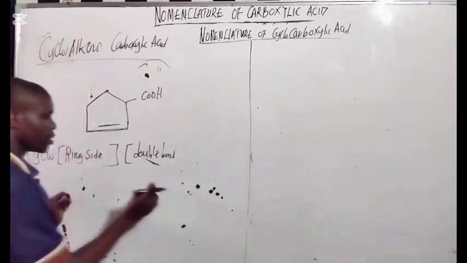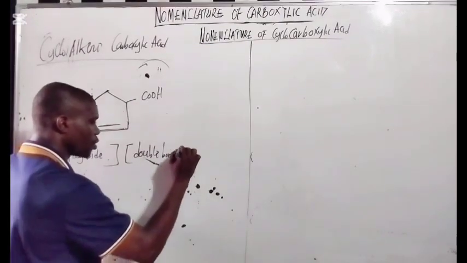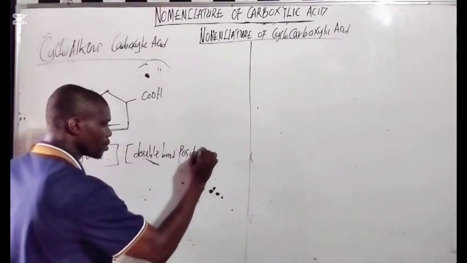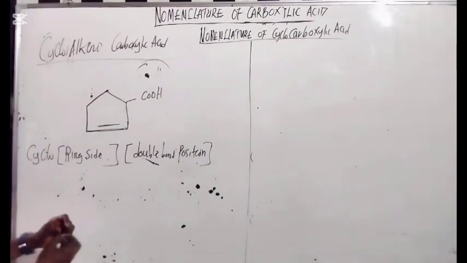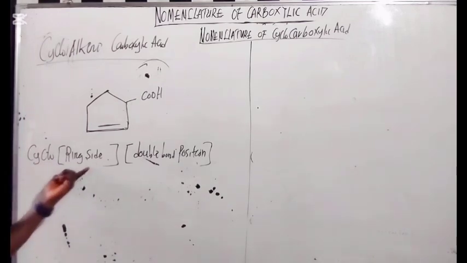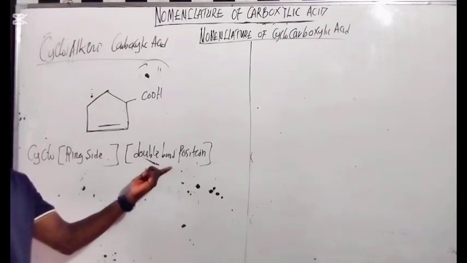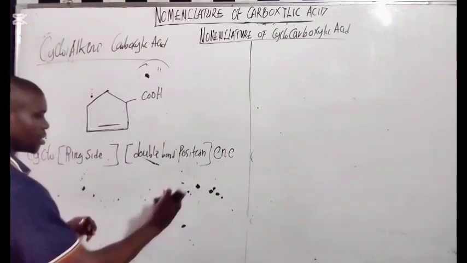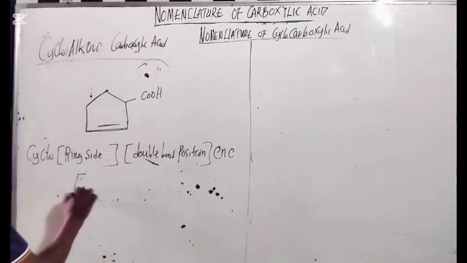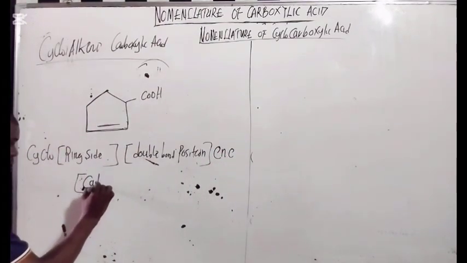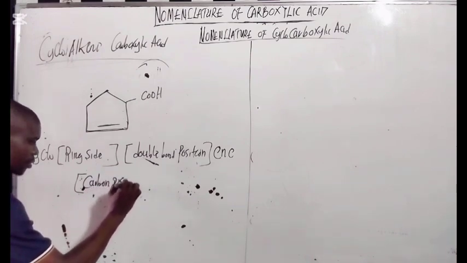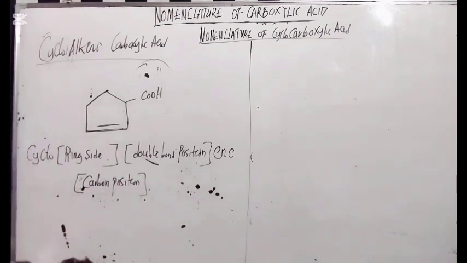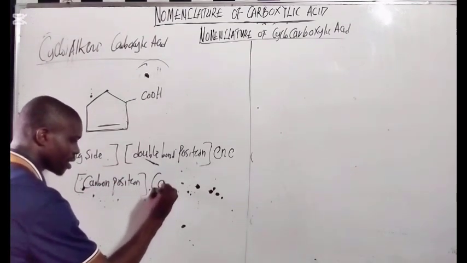So cyclo, the ring size, double bond position, then ene. Then here we have the carbon position, then here we have carboxylic acid.